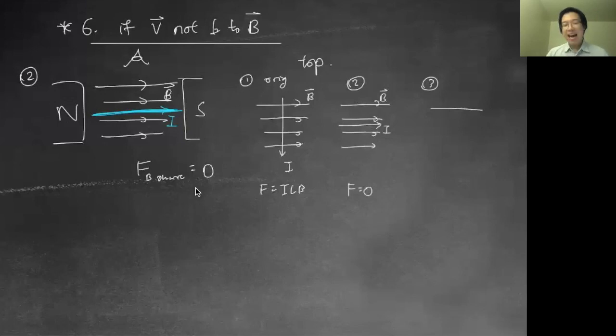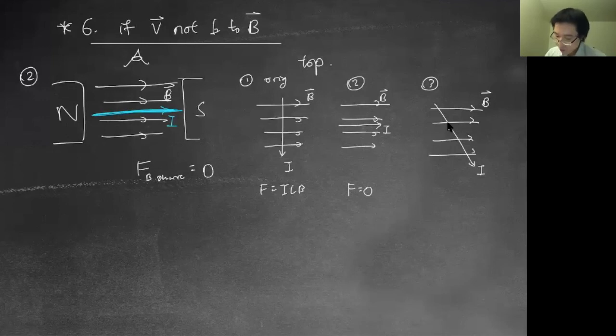So now, the rigorous way to think about this is you split this up into a part that is perpendicular and a part that is parallel to the field. Only the part that is perpendicular to the field experiences a force. There's an easy formula.